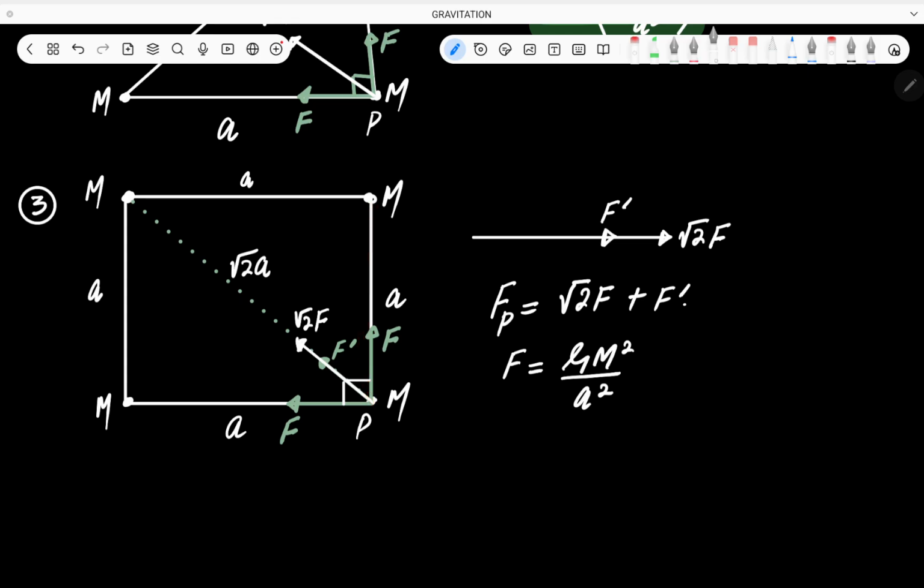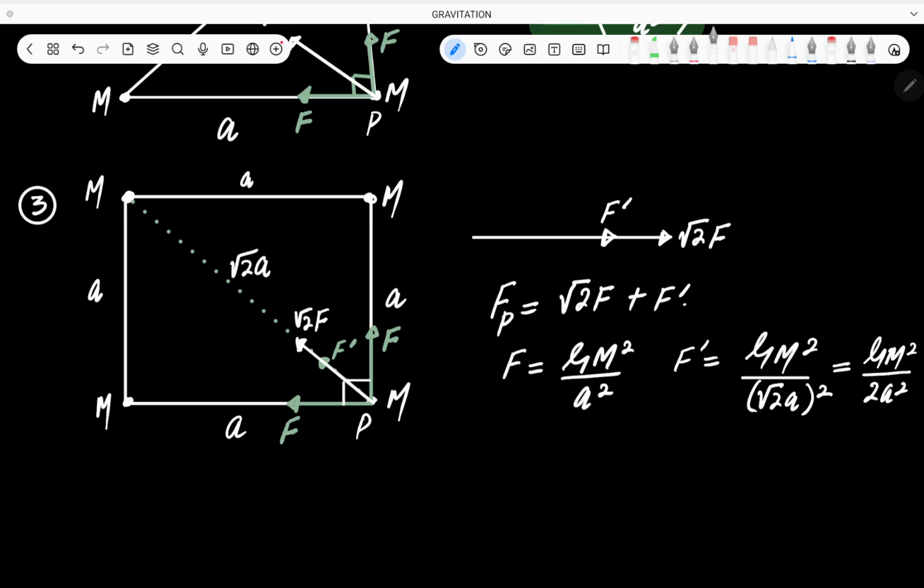Alright. F dash is the force between two particles whose mass is m. So let me write down here Gm square. But the distance between those two particles is not a. That is root 2a whole square. That distance is root 2a. It comes out to be Gm square divided by root 2 square, which is 2a square.